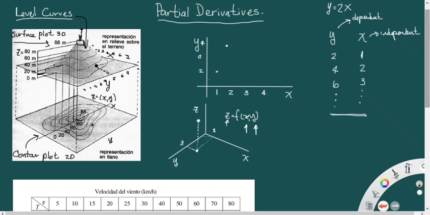According to the function that is ruling this relation, you will have many points from x, y at different heights of this z function, and the sum of all those points is going to form a surface. A surface is like this one, according to the function that you're going to work.